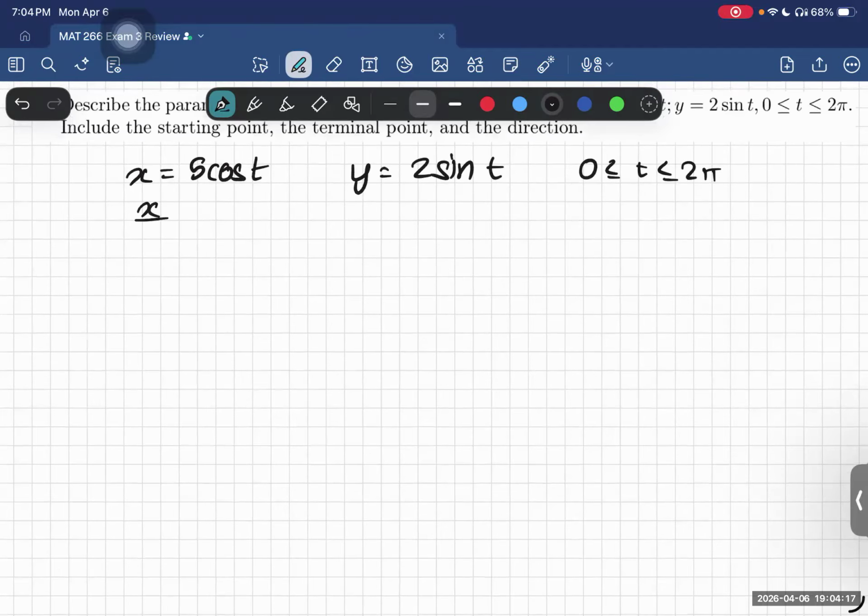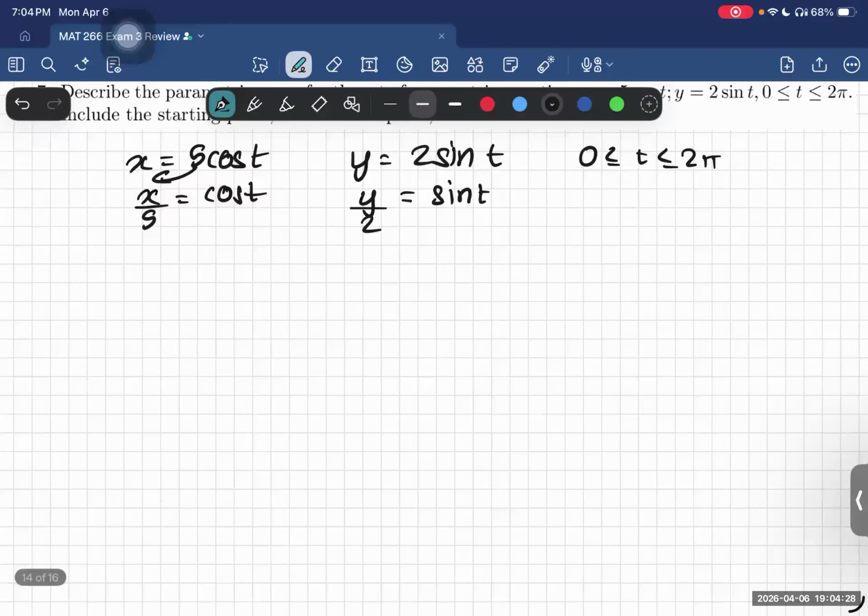Okay, so let's try to eliminate t. I'll just bring x over 5 is equal to cosine t, and same here, I'll have y over 2 as sine t. Okay, so if I square these terms, let's see what we get.